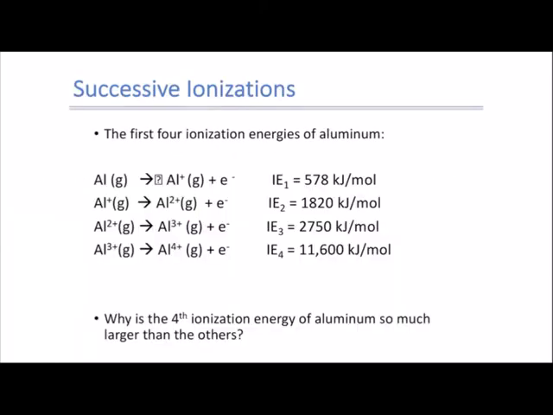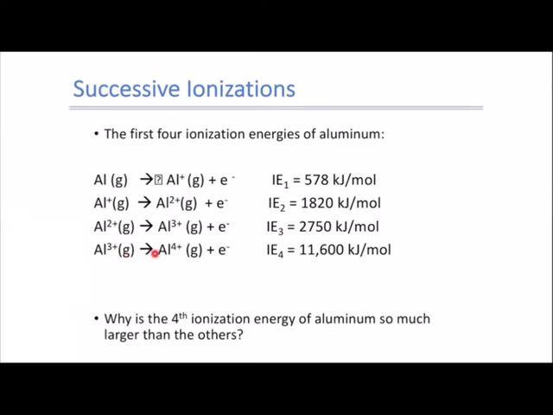So when we're looking at our ionization energies, focusing on aluminum, if I start with aluminum, I get aluminum plus 1 doing our first ionization energy. It's 578. Aluminum plus 1 to aluminum plus 2 gives me a second ionization energy. Aluminum plus 2 to aluminum plus 3, the usual charge of aluminum, is my third ionization energy at 2,700 kilojoules per mole.